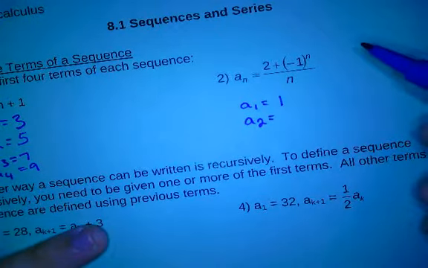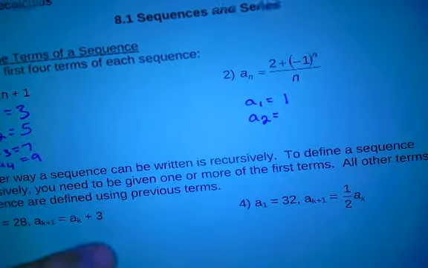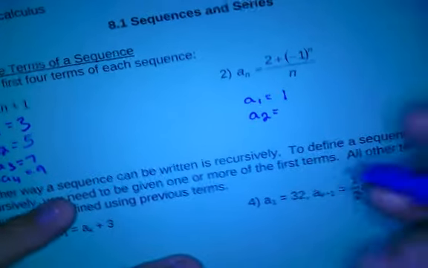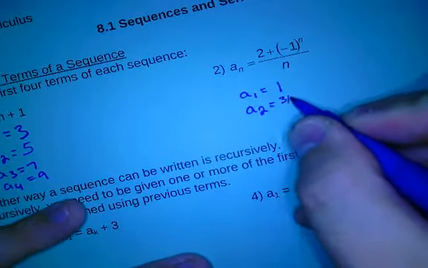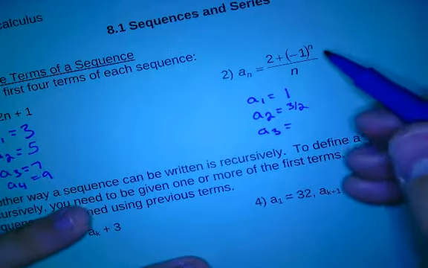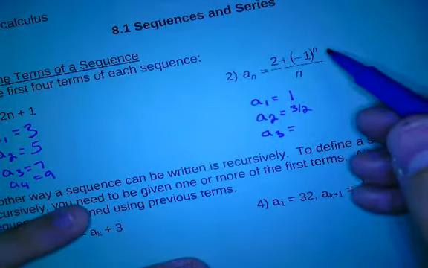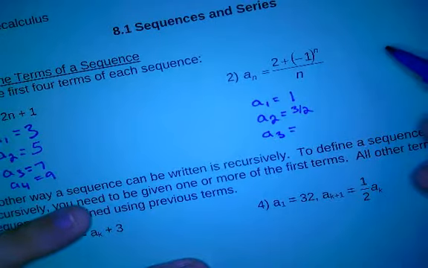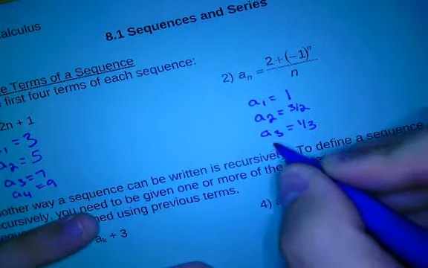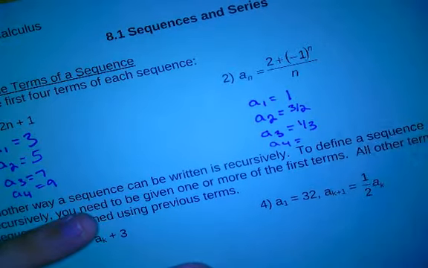What do you get? You tell me, I can't do math. Three halves. Plug in a 3. One third. What about a 4?